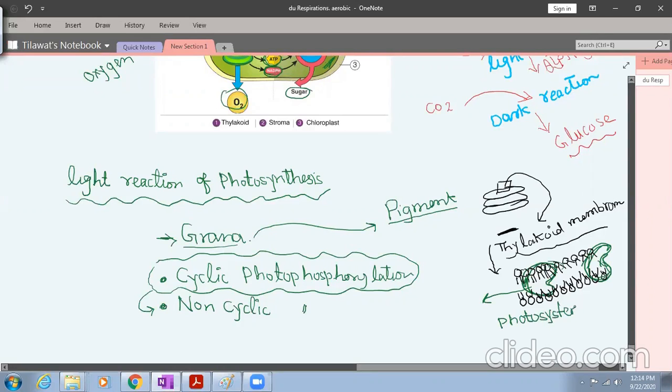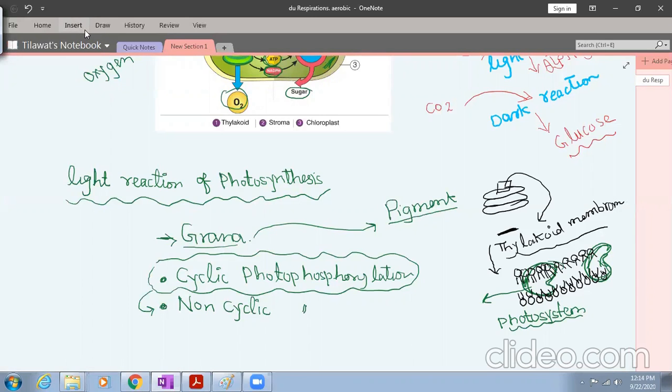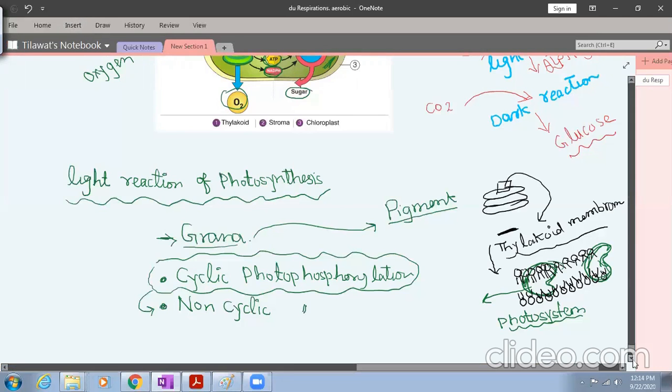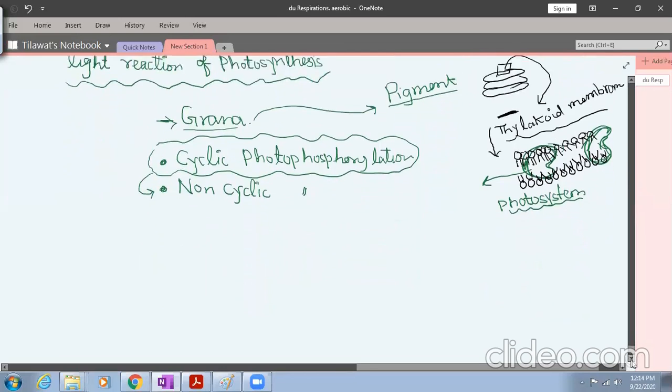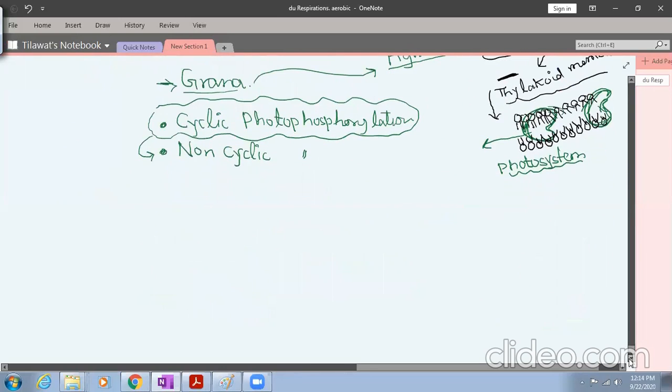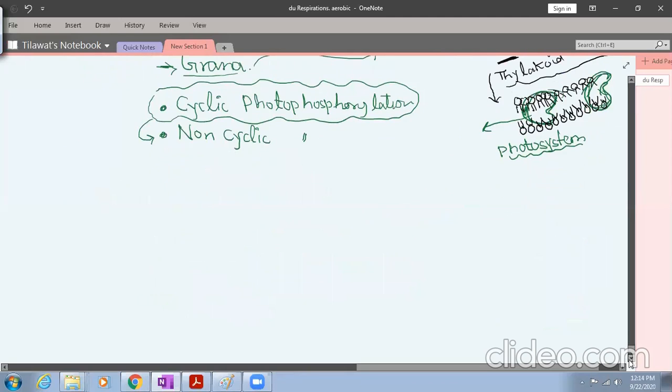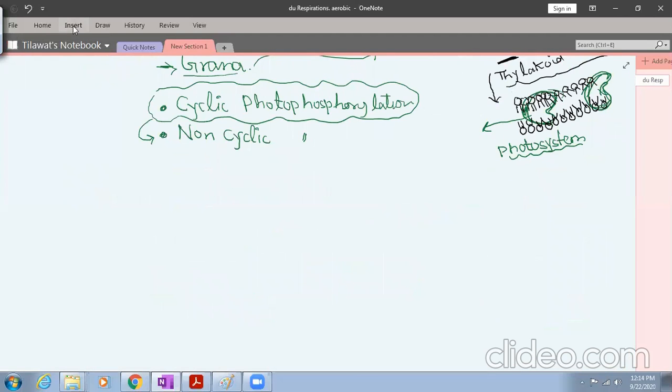It means photosystem is the combination of protein plus pigment, and that pigment is converting sunlight into chemical energy, that is, into ATP and NADPH. Now, if we study this photosystem, the cluster of protein plus pigments, it is like this. Check photosystem.